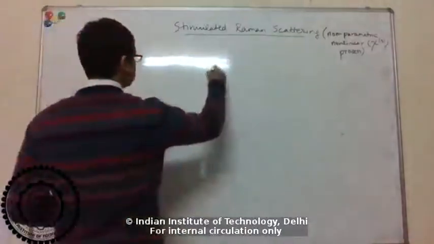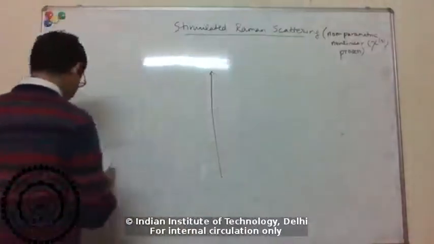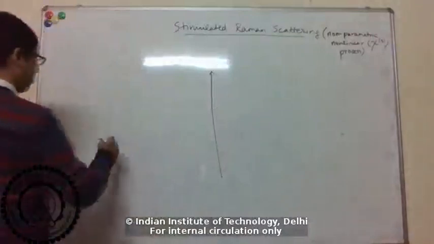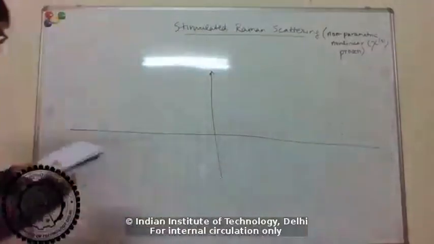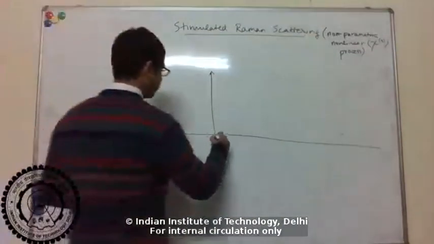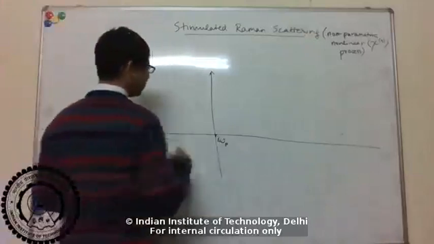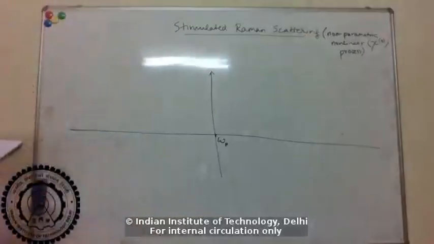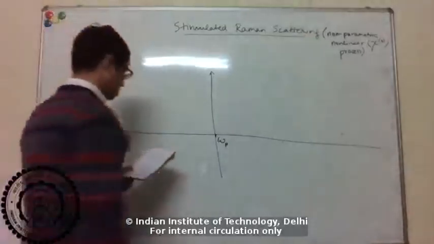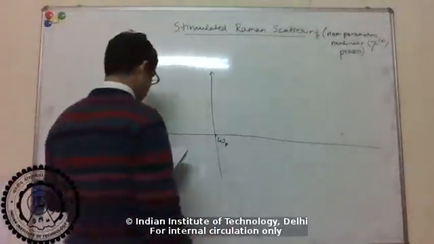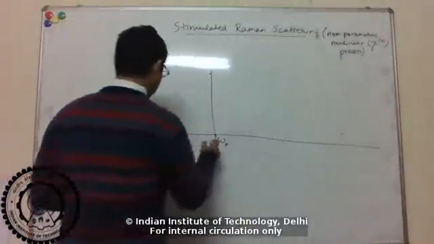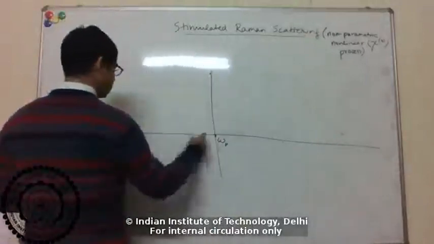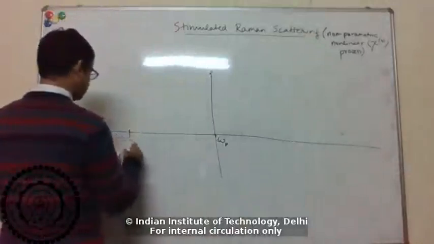Okay, so let's plot the susceptibility. So centered, so we are on the pump frequency of the center. Okay. And then if we go Raman shift down from the pump frequency, you get the Stokes resonant frequency, right?